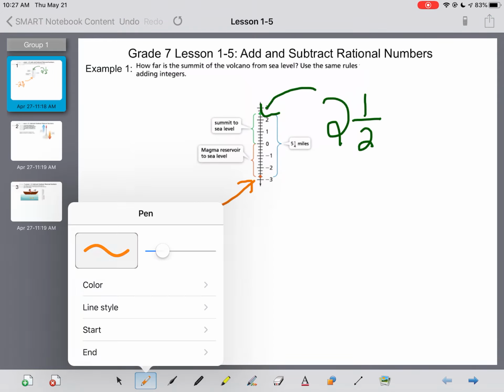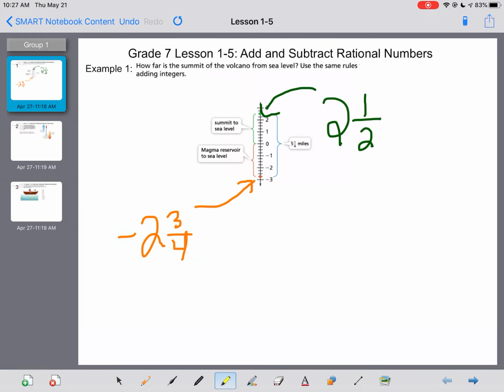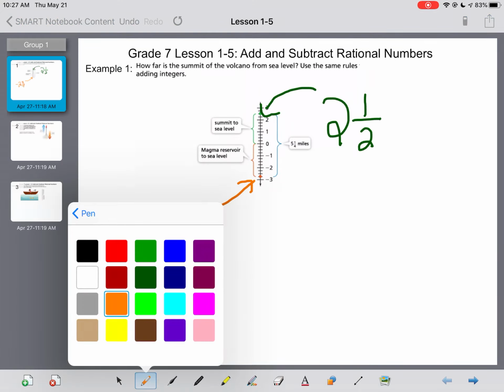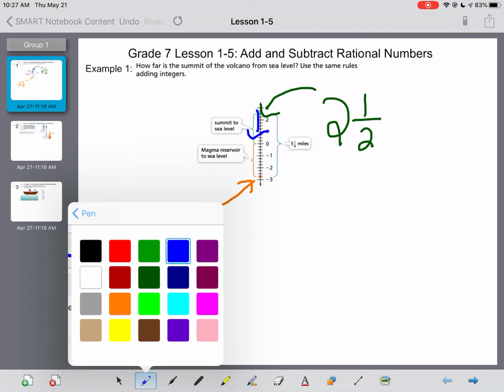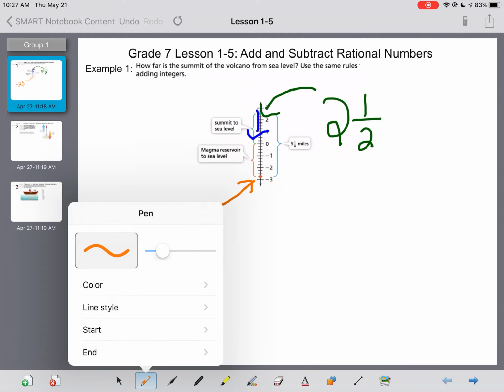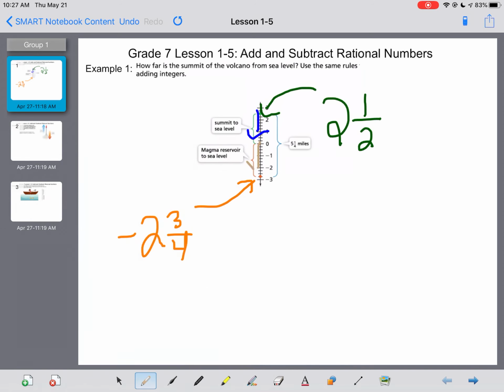Let's start moving down. I'll use a blue arrow. To go down, I have to travel 2.5 miles down. But then I want to keep going further down. So let's change the colors. If I want to keep going further down, I have to go down another 2 3/4.